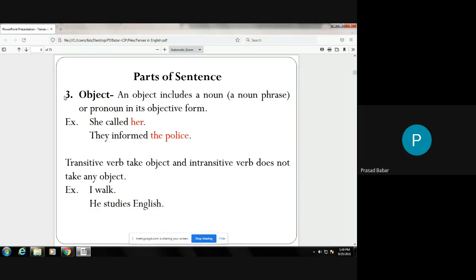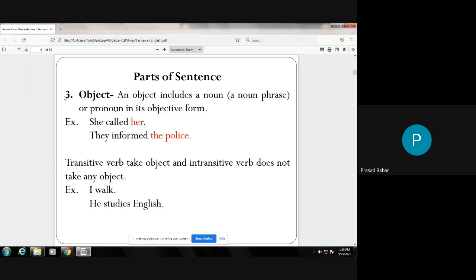There is no noun phrase which came after the verb, or any objective form of a pronoun used in this sentence, and that is why it is an intransitive verb. I walk. In this example, walk is the intransitive verb. It is not followed by object.